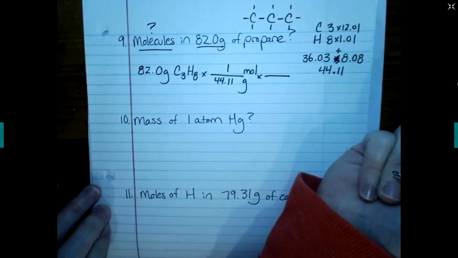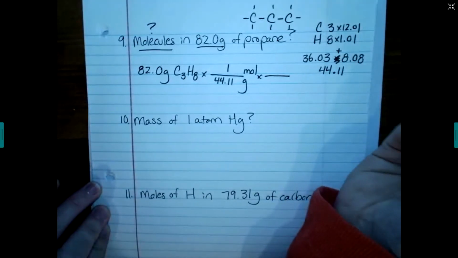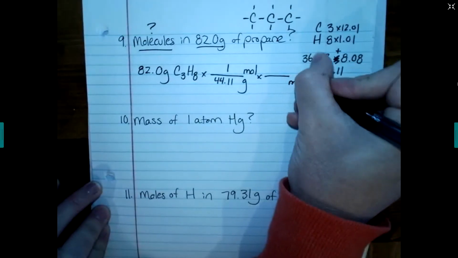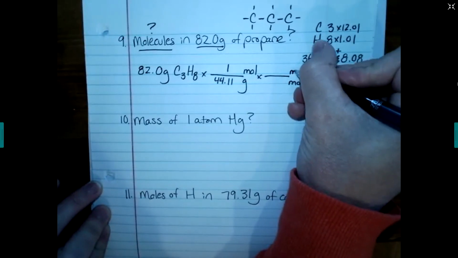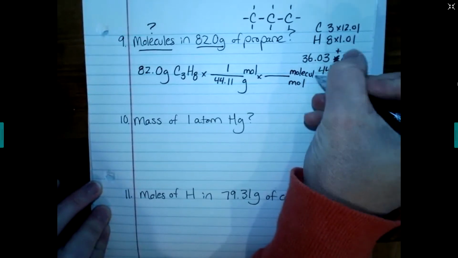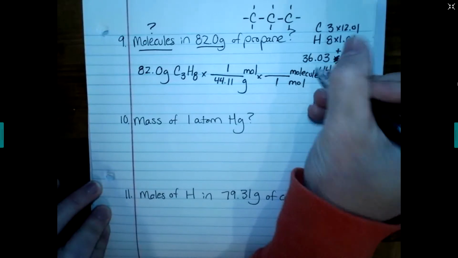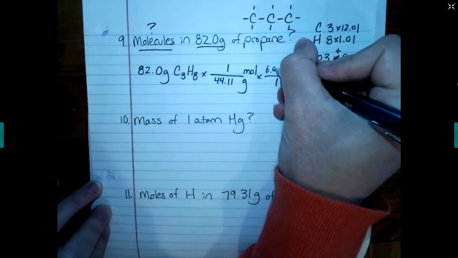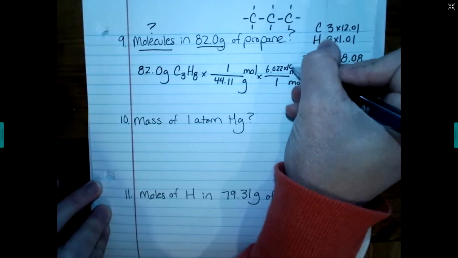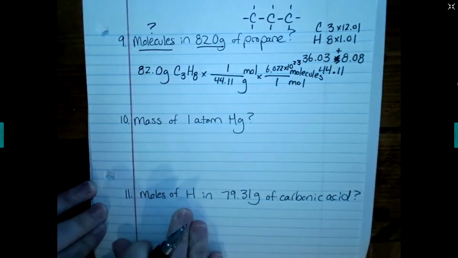All right, now we're not done. We still have to solve for molecules. So I'm going to move moles to the bottom. I'm going to put molecules on top. And remember, I put a 1 next to mole, and next to molecules, I'm going to plug in Avogadro's number. So this is a 2-step problem.